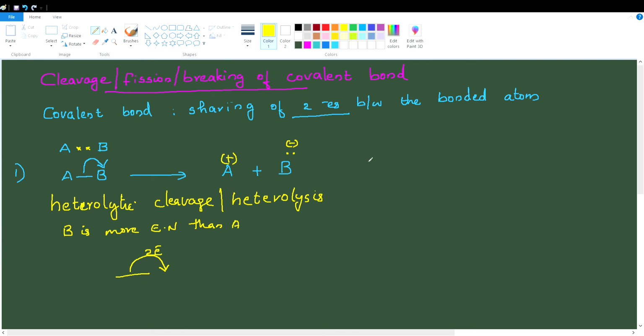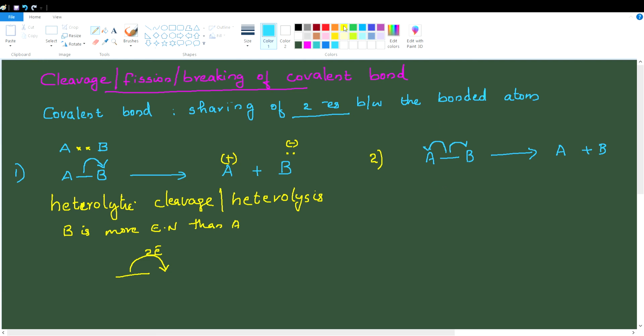Now the other possibility of breaking of this covalent bond is: during the breaking of the bond between A and B, one electron moves to atom A, one electron moves to atom B. This also results in two fragments A and B. One electron moves towards atom B, shown by drawing a half-headed arrow towards atom B. The other electron of the shared pair moves towards atom A, again shown by a half-headed arrow.